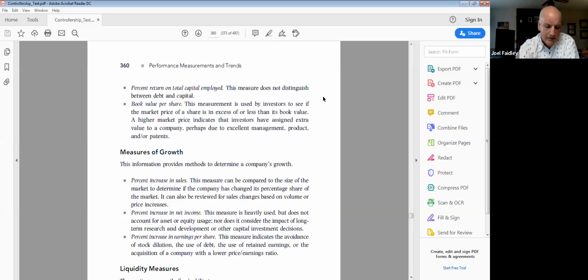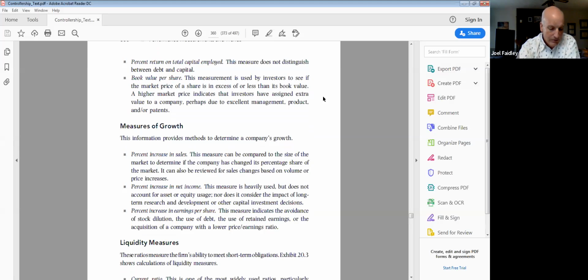All right, continuing on here, measures of growth: percent increase in sales, percent increase in net income, percent increase in earnings per share. It always reminds me of back in 2020, if you had me, I focused a lot on horizontal analysis and trend analysis. Remember what those are?